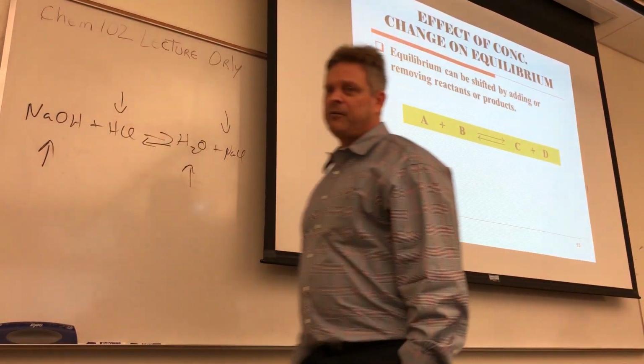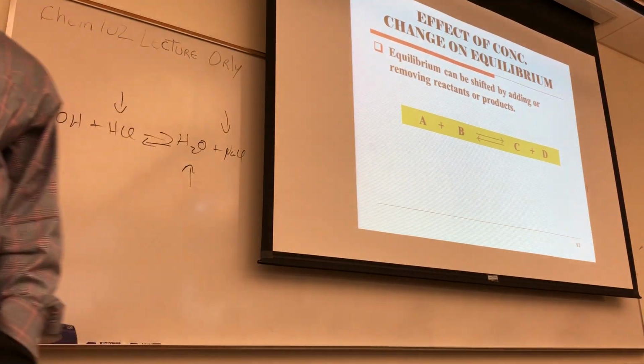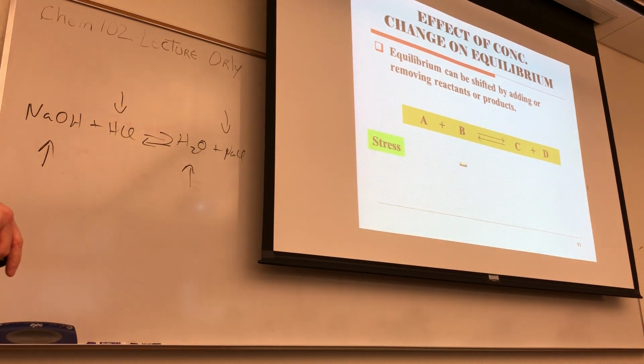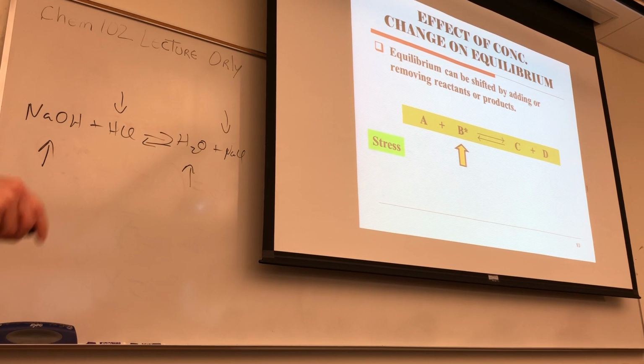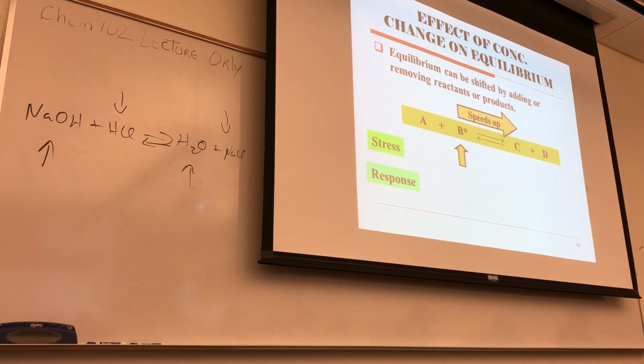Okay. So I have A plus B in an equilibrium with C plus D. If I add a stress to B, where I increase B, I shift the equilibrium to the right, and I now favor the products as a result of that.